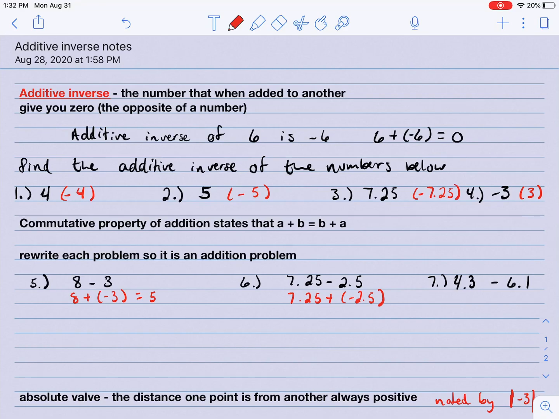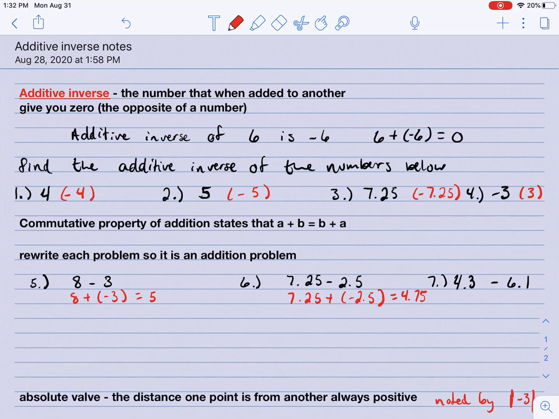And if you notice, I'm using parentheses. That's just to note that that is a negative 2.5. You're adding a negative number. Okay, so now 7.25 plus negative 2.5 would be 4.75.